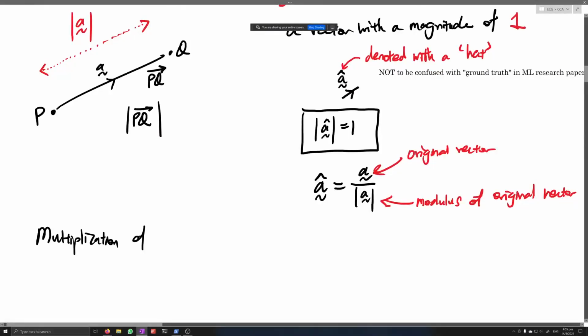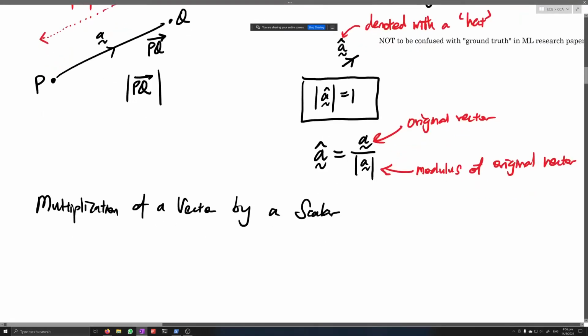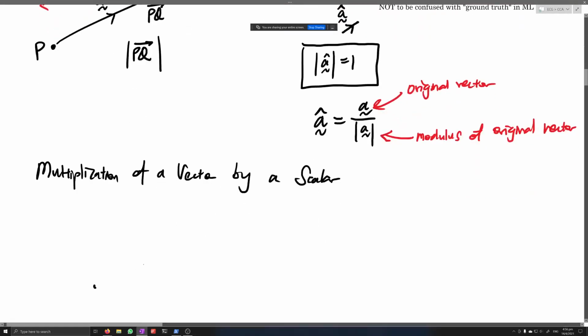Multiplication of a vector by a scalar. So once again I have point P, point Q, so we have our vector here, A, or PQ. Let's say I want to draw 2A.